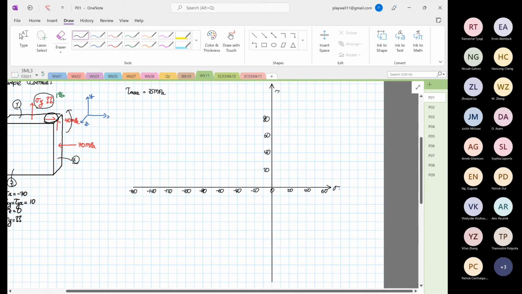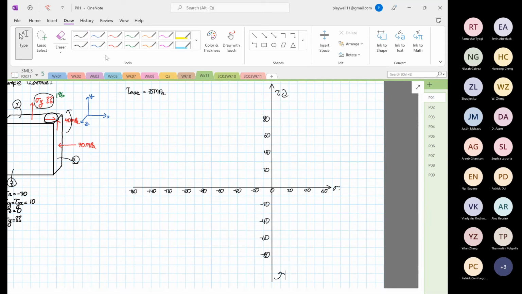So this is shearing stress going clockwise. Then I'm going to add in the no-go zone, which is basically this area over here.